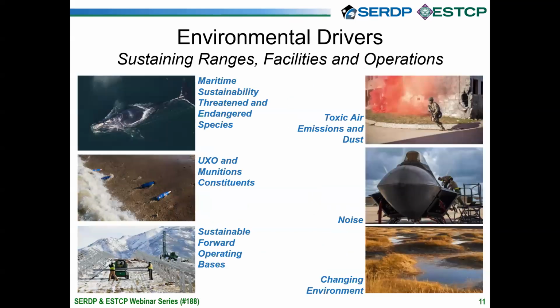There are several environmental drivers for the type of work funded by SERDP and ESTCP, with the underlying objective of sustaining DoD ranges, facilities, and operations. This is a broad undertaking that takes the form of looking at maritime sustainability, threatened and endangered species, climate impacts, unexploded ordnance and munitions constituents, as well as other environmental drivers.